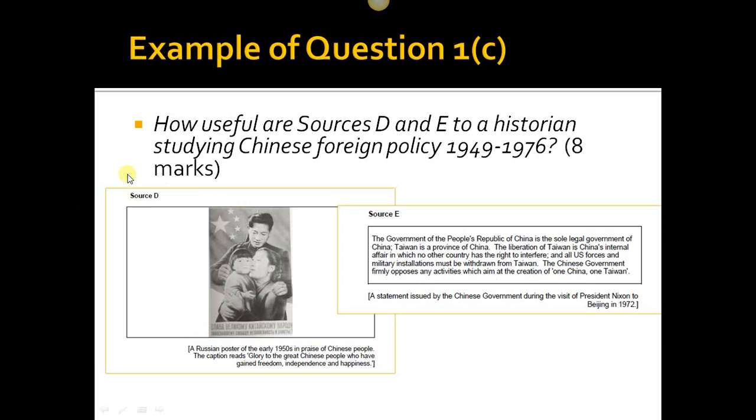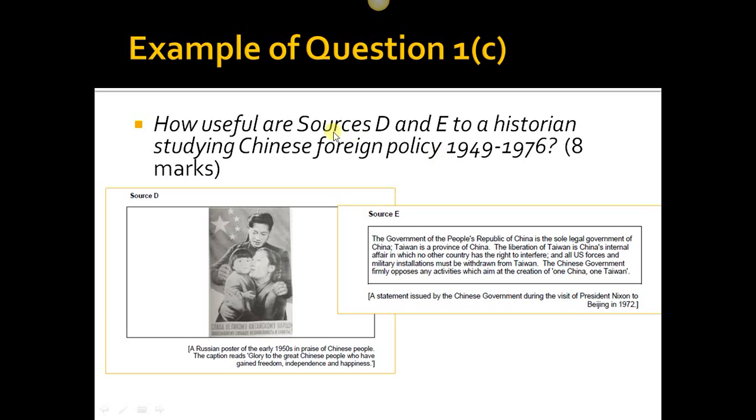Now, the question is, how useful a source is D and E to a historian studying Chinese foreign policy 1949 to 1976? And it's worth 8 marks. But the important thing I'm going to say to you here, if you were in your exam, you can underline these command words.